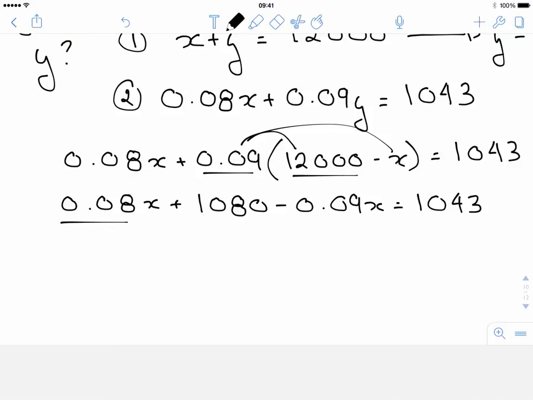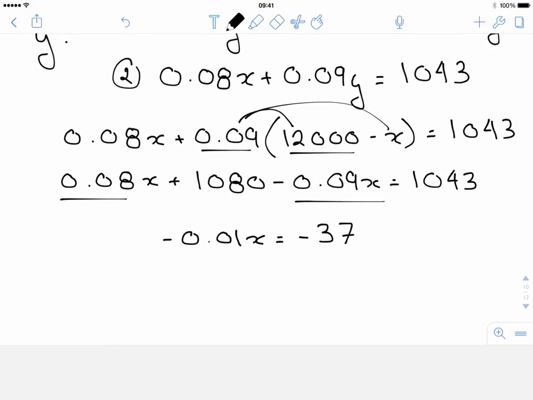And let's start with the 0.08 and the 0.09. That leaves me with negative 0.01x. And then if I bring the 1080 over, that will leave me with 1043 minus 1080. It'll leave me with negative 37. That's right. And now I can divide, because that will give me negative 370.